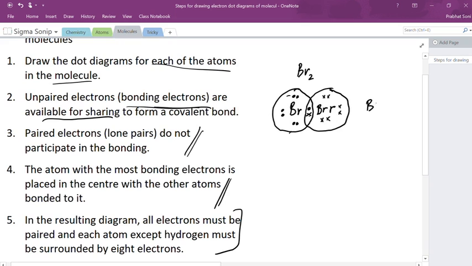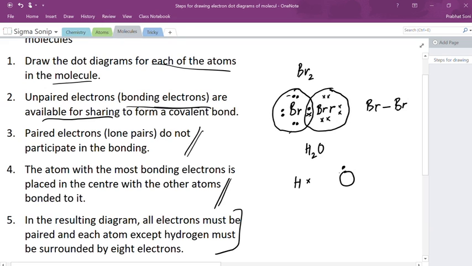And if we want to show that using a structural diagram, then that's what we have, bromine and bromine. The other one is water. So let's take the case of water. Hydrogen has only 1 electron, so that's 1 electron here, and oxygen has 6 electrons in the valence shell.